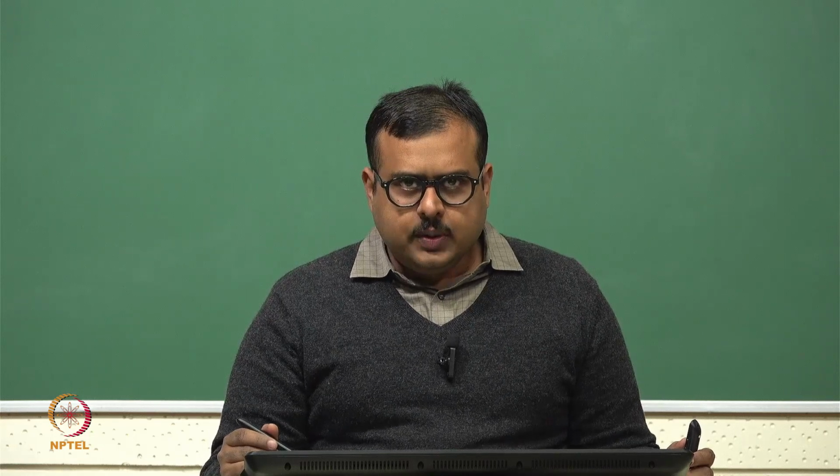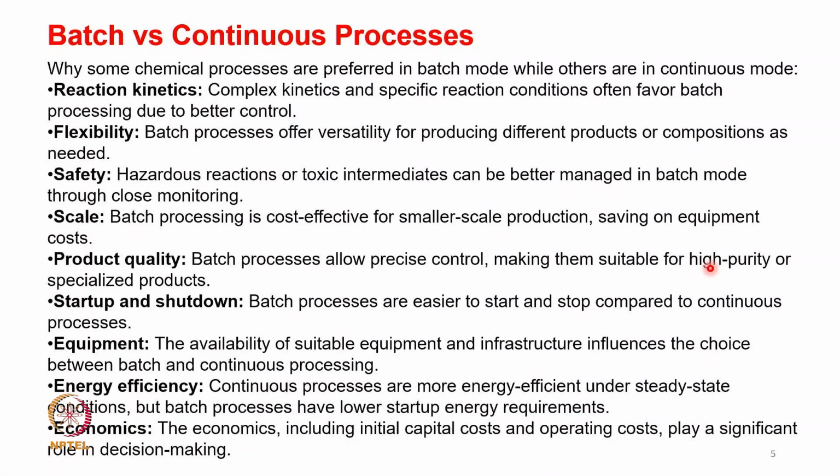due to the precise control which we can attribute to batch process, they are typically suitable for high purity or specialized products. For instance, most of the drug related products and healthcare related specialized products are typically made in batch processes.